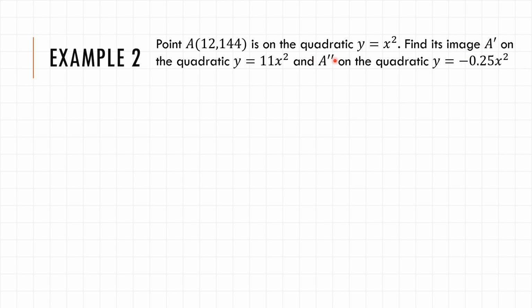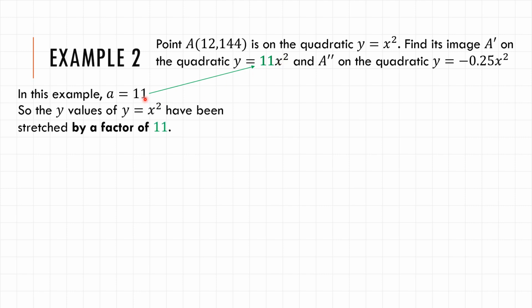So we need to find its 2 new locations for this point, A prime and A double prime for point A. So in the first example, A is equal to 11. Not the point A, but the variable A, because this is ax squared, it's equal to 11. And that means that the y values of our original quadratic have been stretched by a factor of 11.